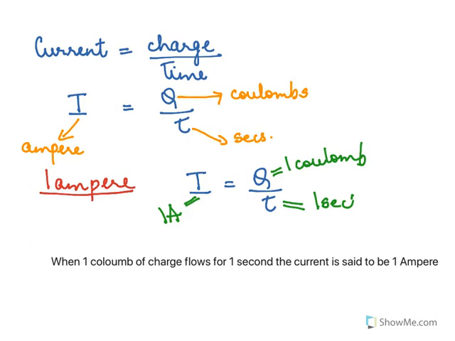So let's define 1 ampere. When 1 coulomb of charge flows for 1 second, the current is said to be 1 ampere.